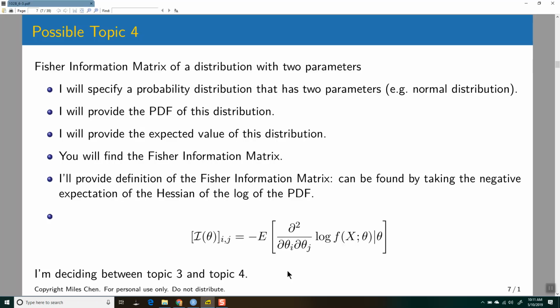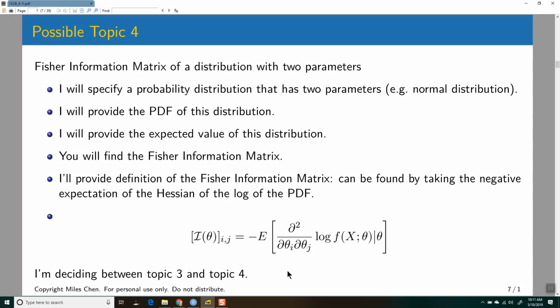and so anyway, I would provide the PDF of this distribution, and I'll give you the expected value of the distribution, and then you'll find the Fisher information matrix, right? And so in our case, because we've got 2 parameters, your Fisher information matrix will be 2 by 2, okay?